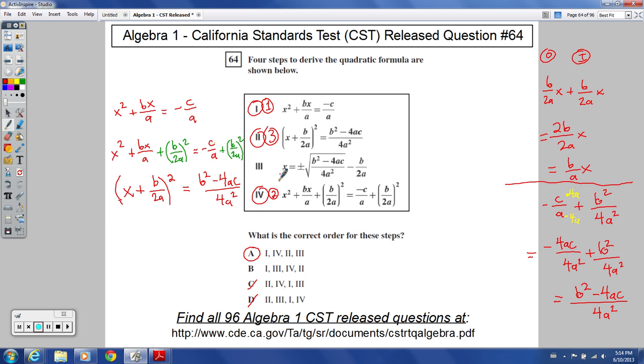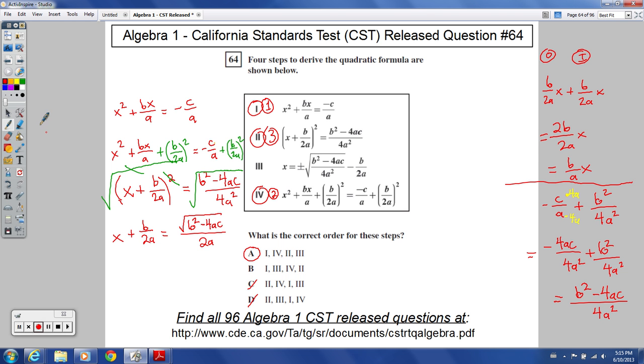So how can we do that from here? It looks like we can take the square root of both sides. The square root and the square would cancel right there, leaving me with x plus b over 2a on this side equal to the square root of b squared minus 4ac on the top. The square root of 4a squared is just 2a, however.